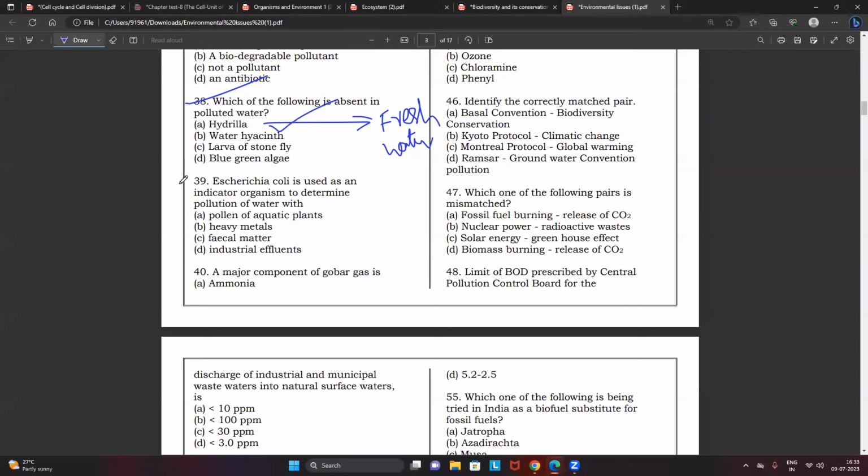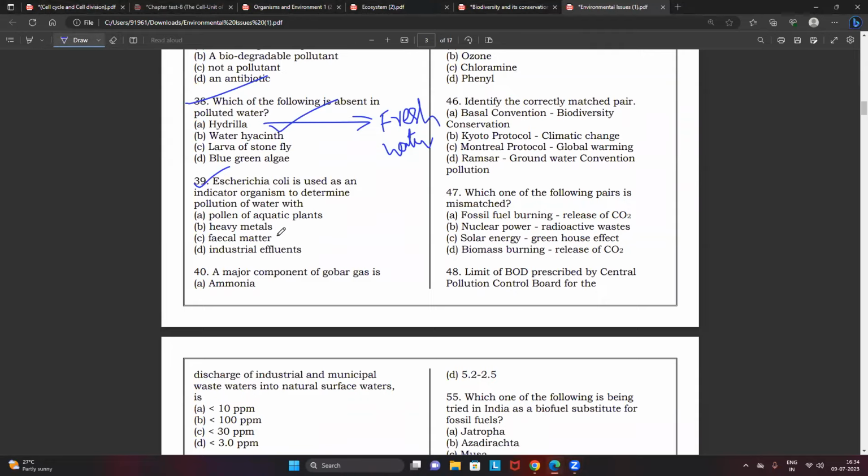Question number 39. Think and answer. Is Escherichia coli used as an indicator organism to determine pollution of water with? It's a simple question. No, pollen. Why do we use E. coli to determine the pollen of aquatic plants? We don't use it for heavy metals also.